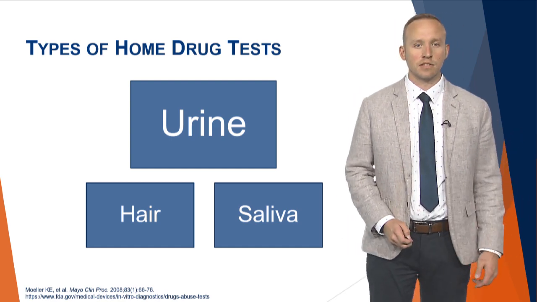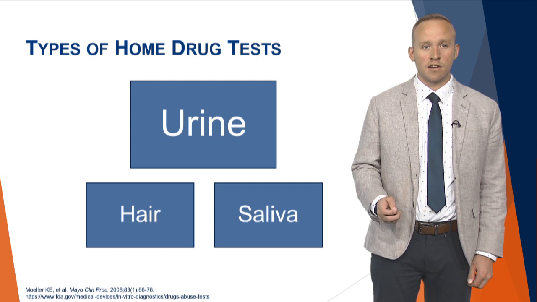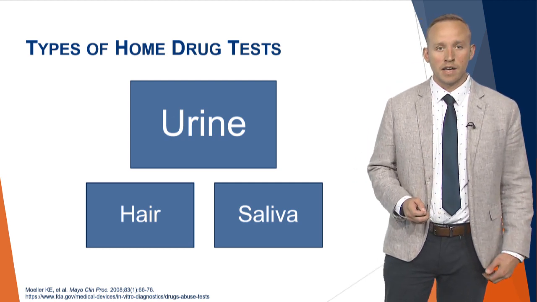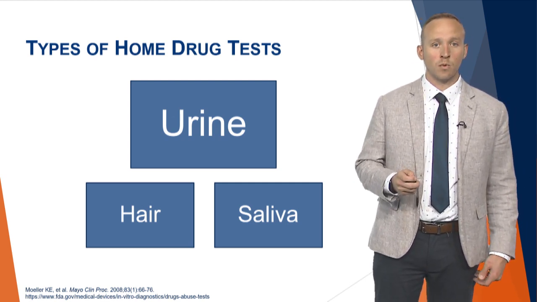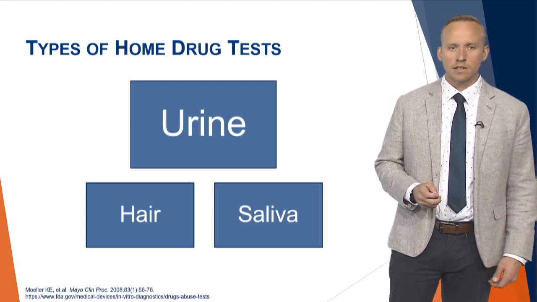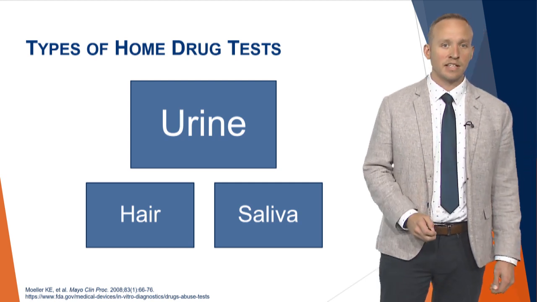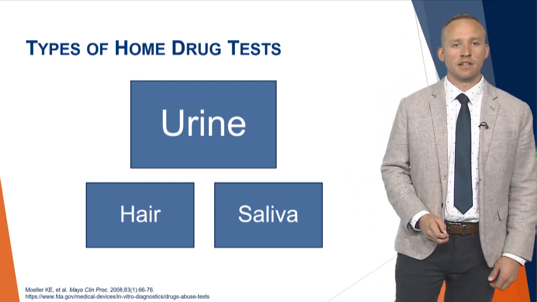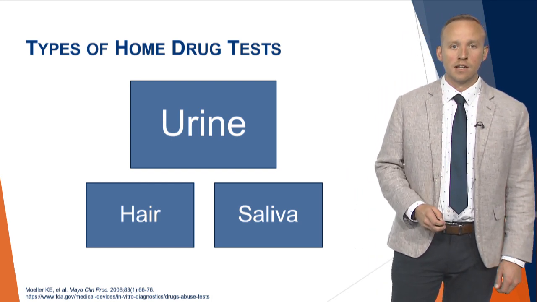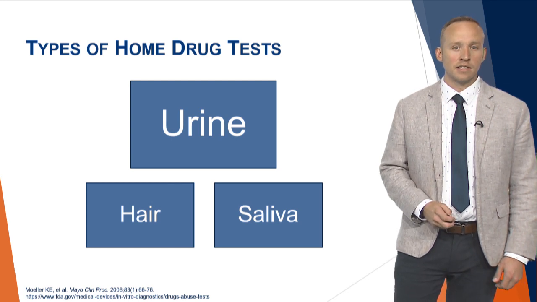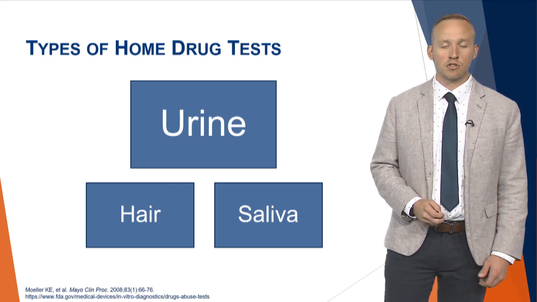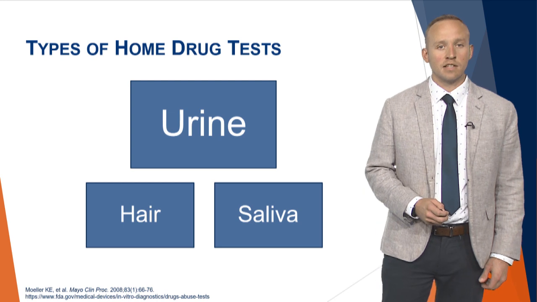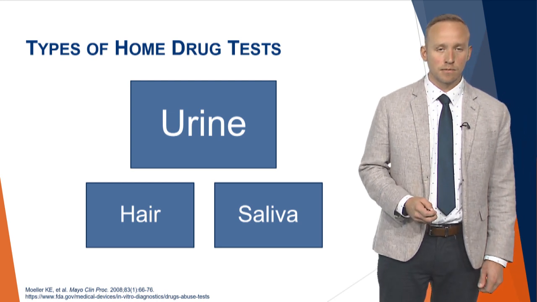This is by far the most common and is the one that I'll primarily be referring to for the remainder of the presentation. Hair tests are also conducted at home and results can be available at home as well, and they might have the potential to identify substances that were abused further back than urine drug tests. Saliva tests are less common and usually require the test be sent to a lab to confirm the results.